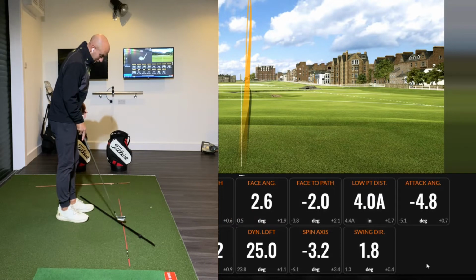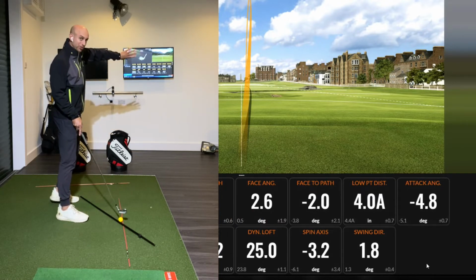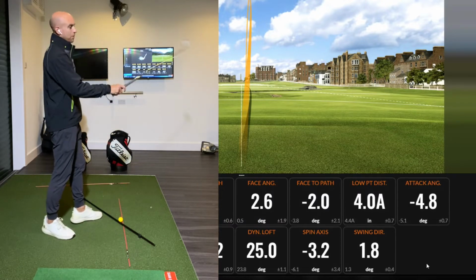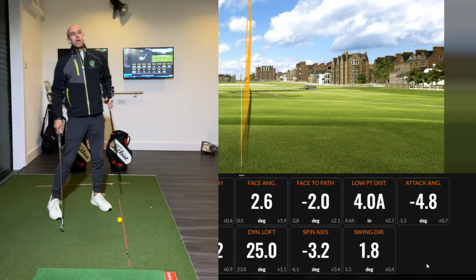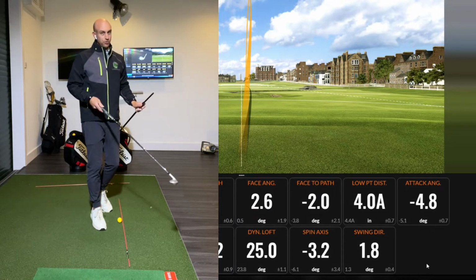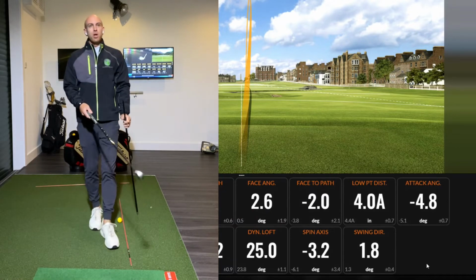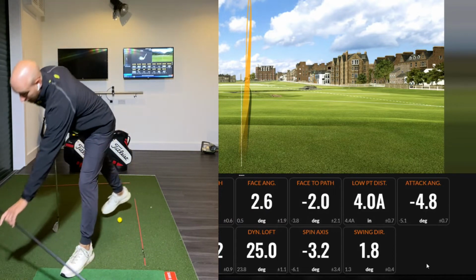So if I swing across with a 0 face, it starts straight-ish and moves away, okay? So slicers, your face-to-path number will be a plus. Plus on TrackMan is pretty much right and up, as you'll see now. And the bigger the gap, the bigger the difference between the face and the path, the more curve you get in whatever direction.